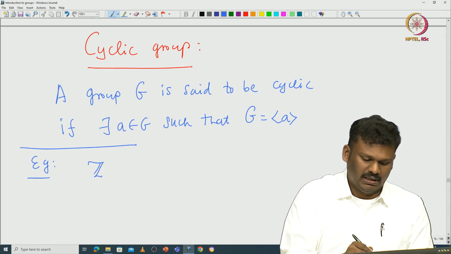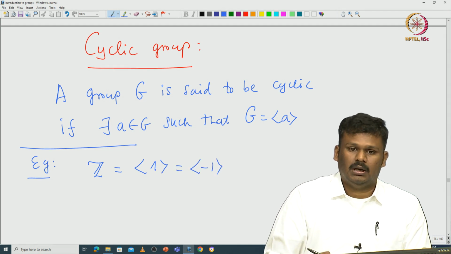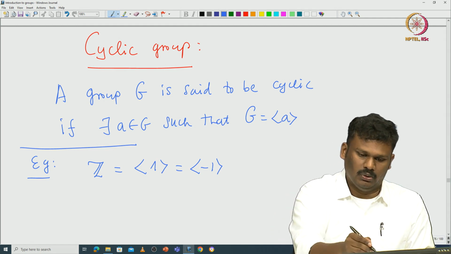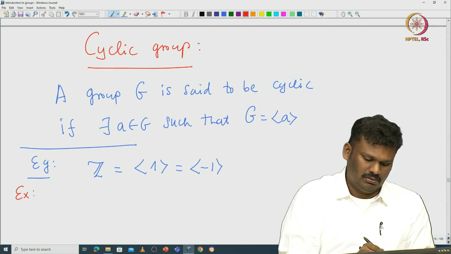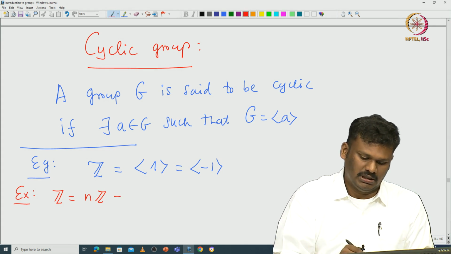For example, if we take Z, then it is generated by 1 and it is generated by -1, and there are no other generators for Z. Maybe you can take it as an exercise: if Z equals the group generated by n, that implies n is plus or minus 1.